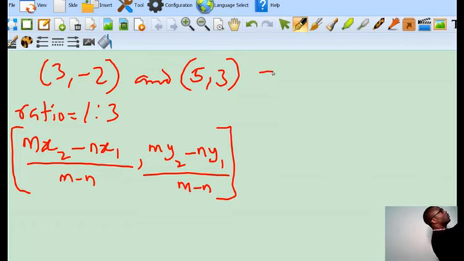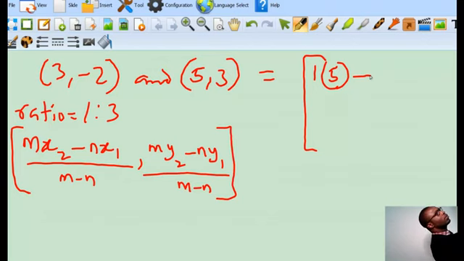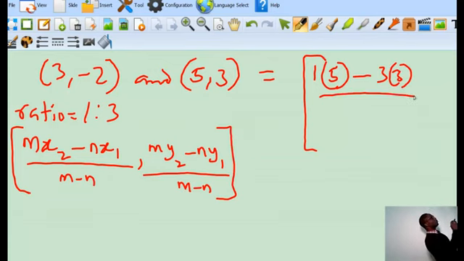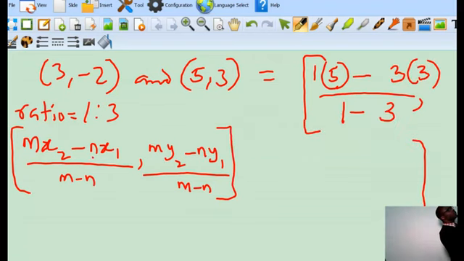Now this equals, your m is 1, 1 bracket x2, this is x2, 5, minus n 3, x1 3, all over m minus n, 3 minus 1, comma my2, your m is 1, 1. Now don't forget from the question, this second ratio is minus 3.